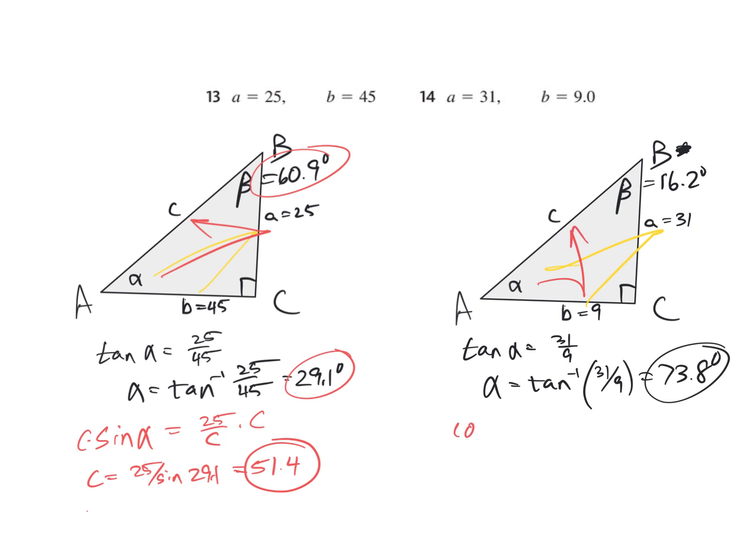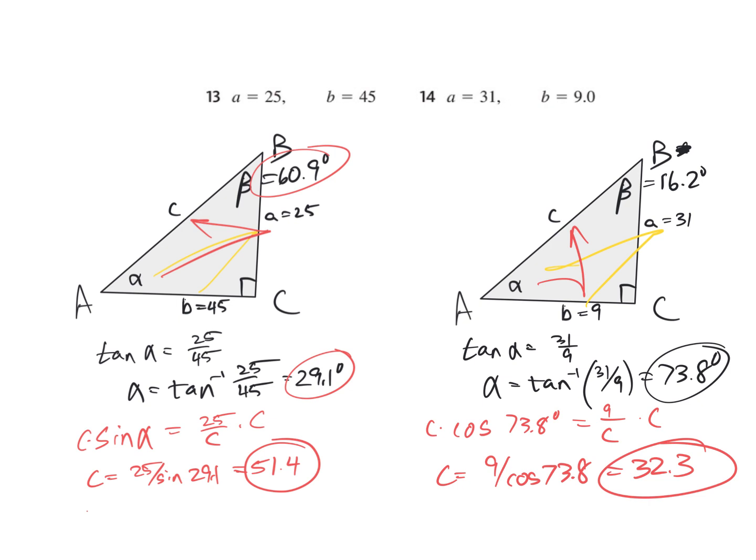So the cosine of 73.8 degrees, that's alpha, is equal to the adjacent leg over hypotenuse, multiplied by C, and then we will get 9 divided by the cosine of 73.8, and that is 32.3. So that's alpha and C and beta.